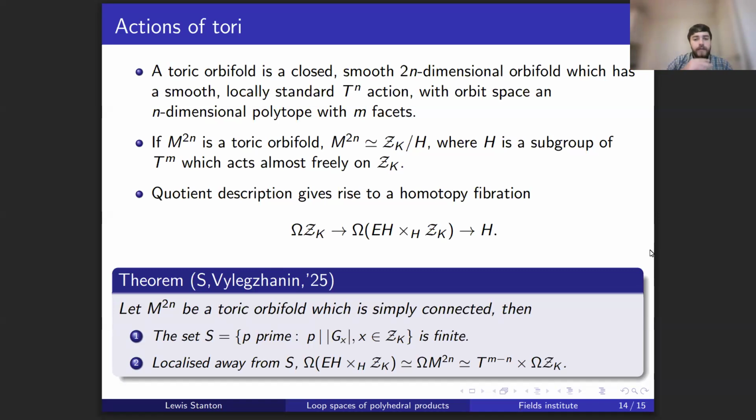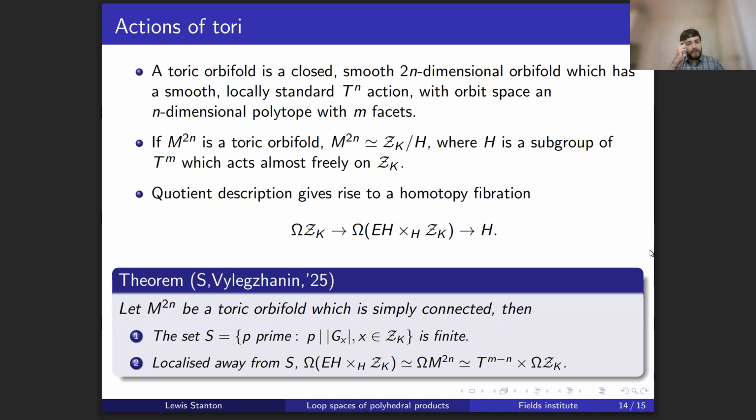And this quotient description gives us this homotopy fibration in terms of the Borel construction. And what Fedor and I showed is that if you have one of these toric orbifolds, which is simply connected, then the first thing we need to know is that the set of primes which divide the order of all of the stabilizers is a finite set.